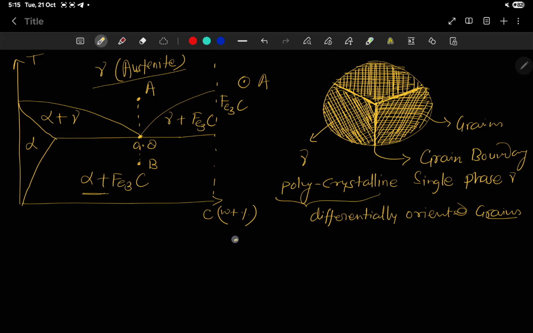Now let's explore what is happening at point B. Point B is present in this zone, which consists of two phases, alpha and Fe3C. Now let's draw this circle again. What is our step? First, cut it in three pieces, like a pizza is cut.